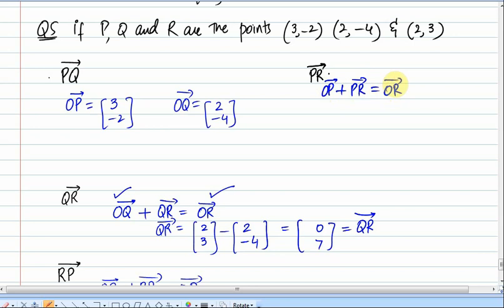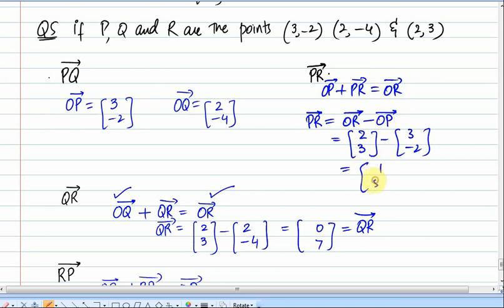If you made the right equation, then congratulations, you have the idea now how you solve the question. So PR is equals to OR minus OP, OR (2, 3), OP (3, -2), 2 minus 3 and 3 plus 2, 5. That is the position vector of PR.